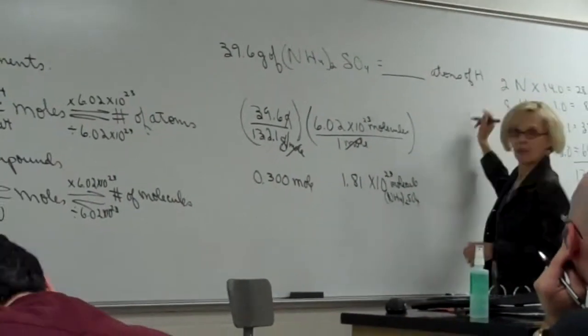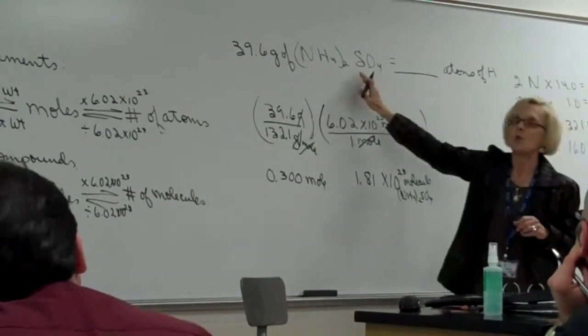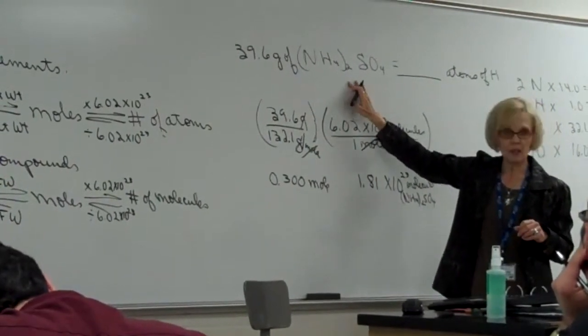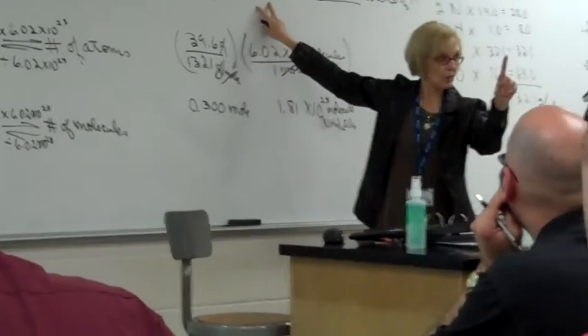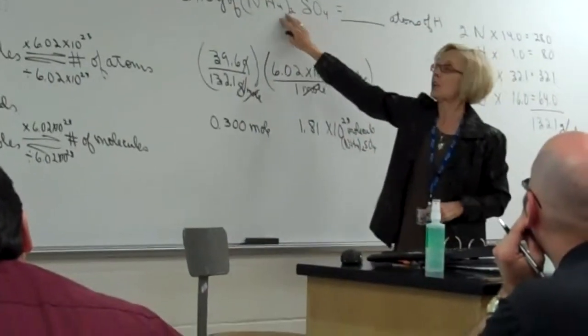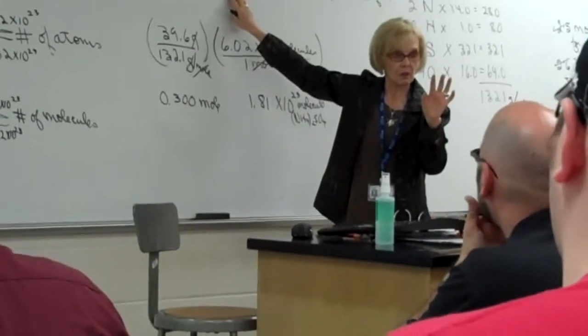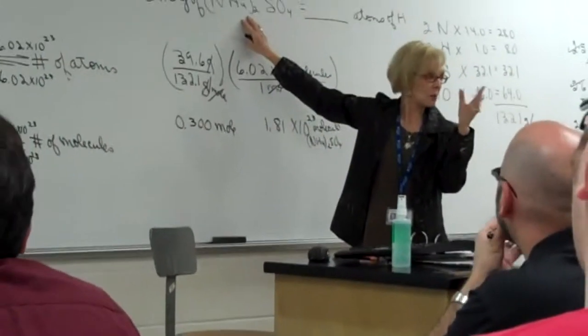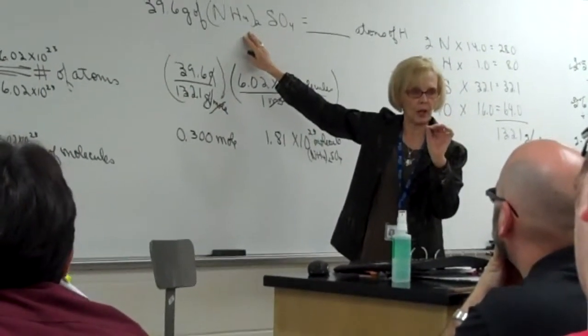Now what you need to be thinking, because that problem's not going to make any sense if you don't think, is that you could take this and rip it totally apart. Every time you have one molecule of this, we will get 8 hydrogen atoms. Now we're not talking about it being diatomic here because that'd be a molecule of hydrogen. We want to talk about an atom of hydrogen.